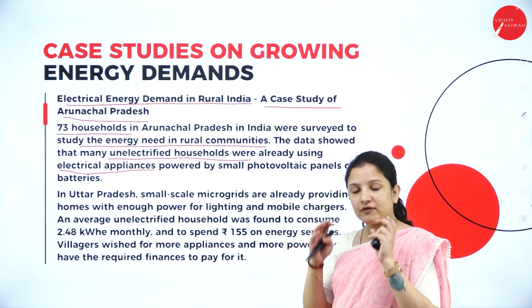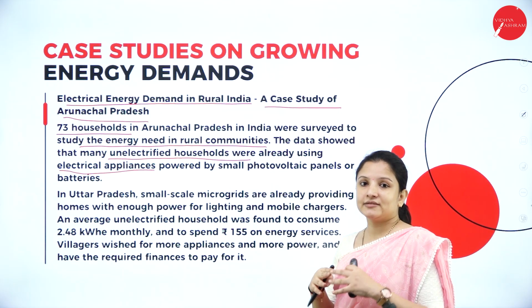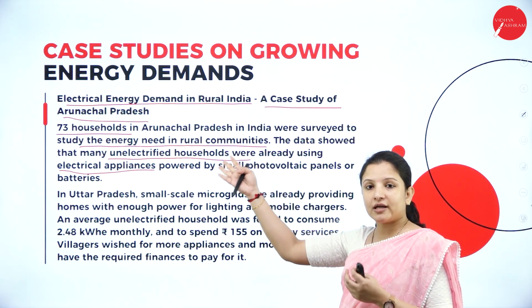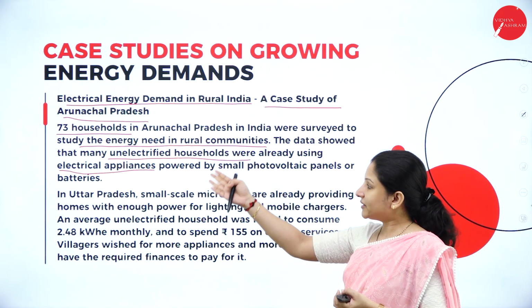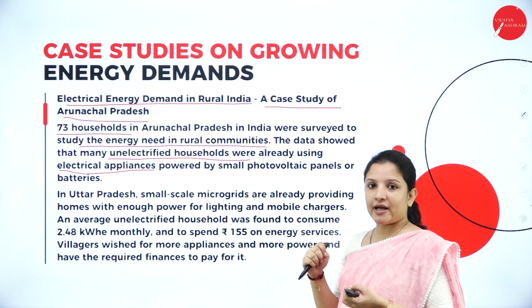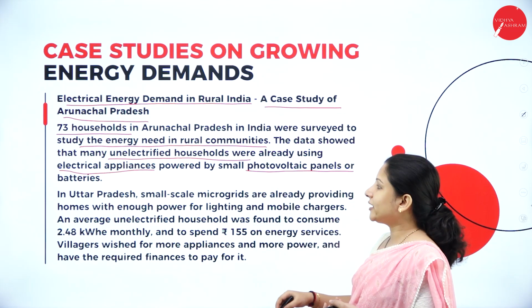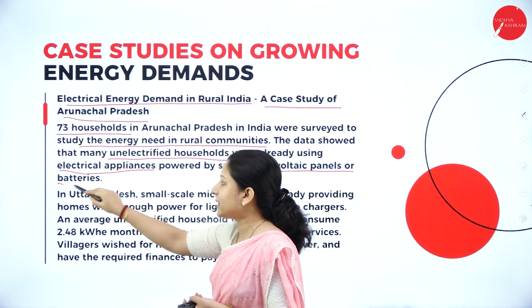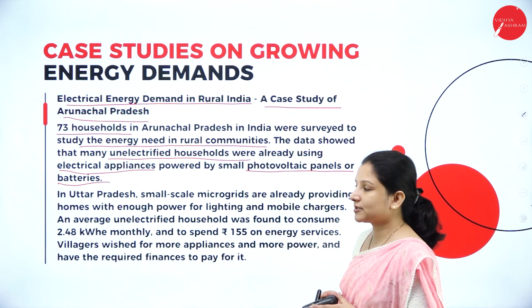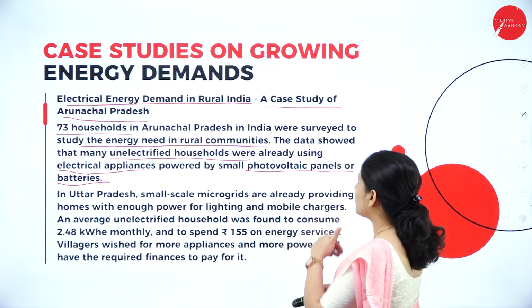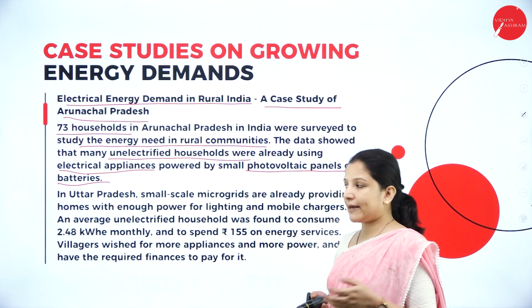People can never stop using electrical appliances because it has become a part of their life. So even though electricity is not there for many of the houses, they were still using electrical appliances, wherein they generated the electricity by using photovoltaic panels and batteries.